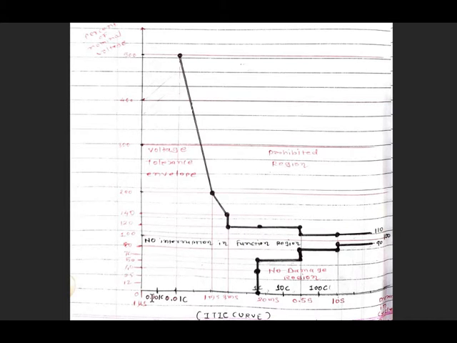So this is the graph given by the ITIC curve. We have to consider all these parameters as given in this graph. Again draw these vertical lines at all these particular cycles or time periods.